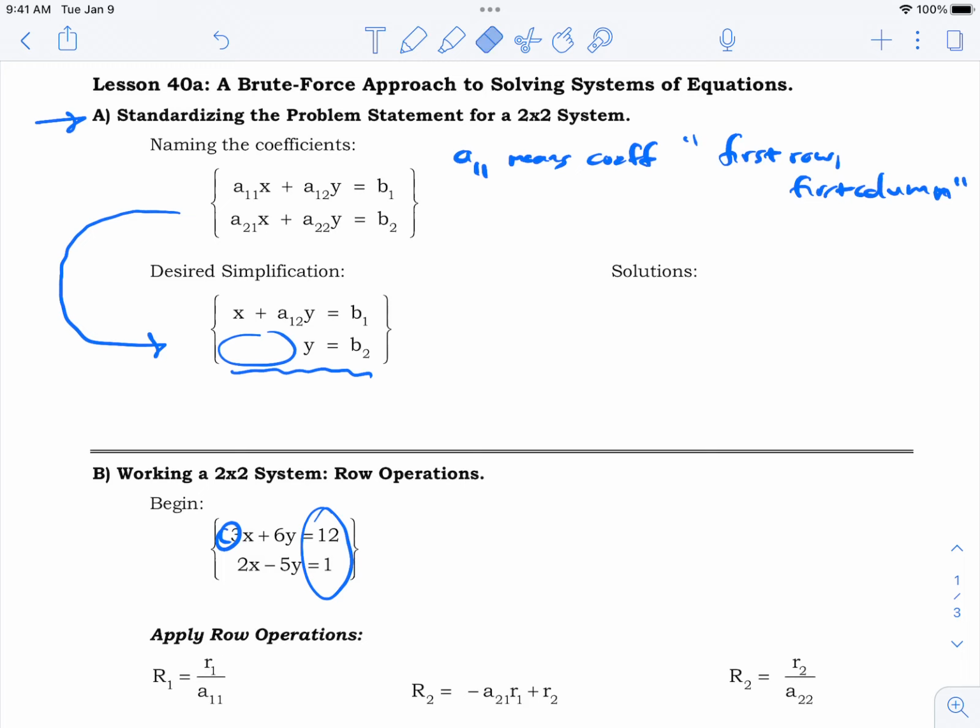Notice also that this is just 1x. We don't have to say a sub 1,1 because we're just going to have it be 1. So we're just going to have y equals some number over here, and x plus some number y equals some number. So we're going to simplify that system so it looks like that.